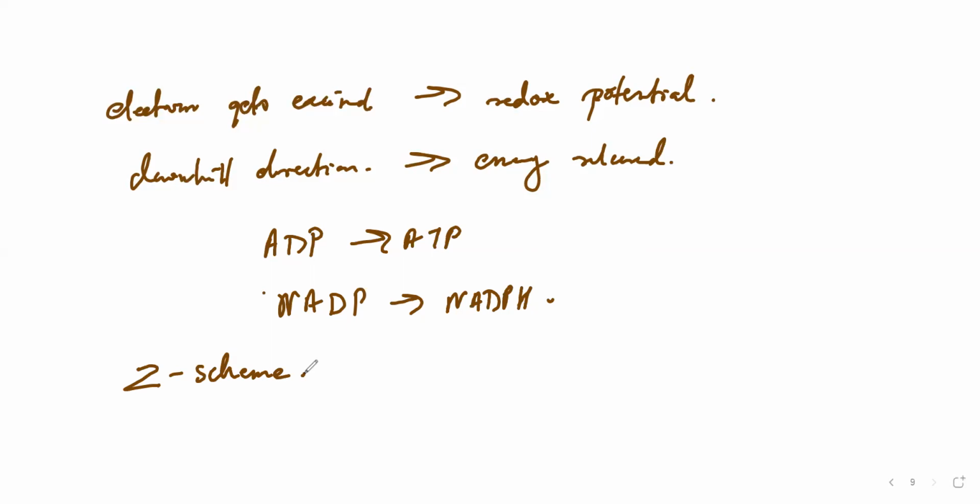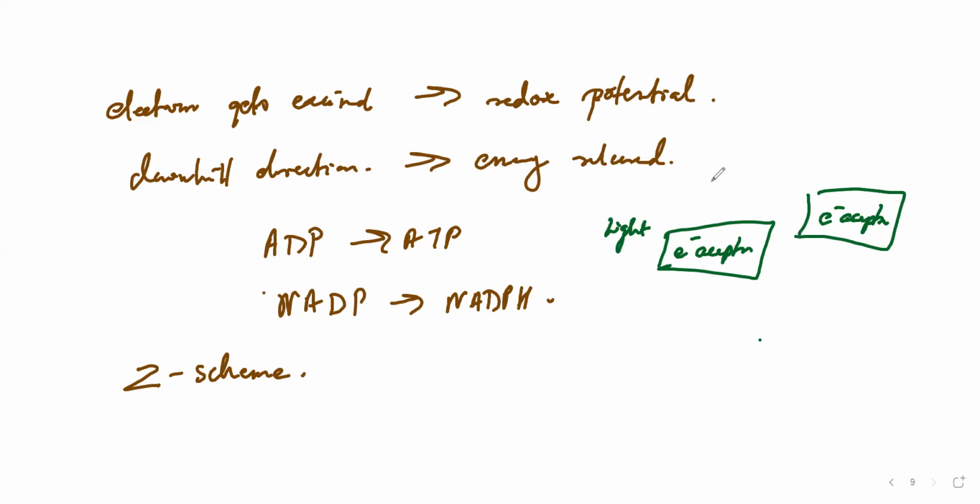Okay, I'll just draw in short. Suppose here it's the light. You have the electron acceptor. Here also one electron acceptor. This is for PS1 and PS2. So take this as PS2 because it's the first one, then PS1. You have the LHC, light harvesting centers.